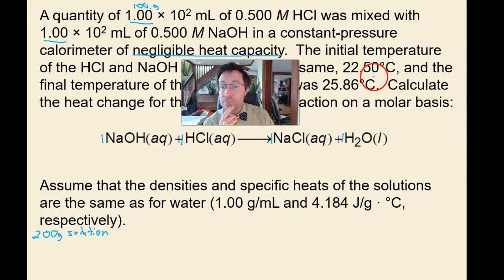It's going to start at 22.5 and end at 25.86. That's both of them together, right? So my delta T: 25.86 minus 22.5.